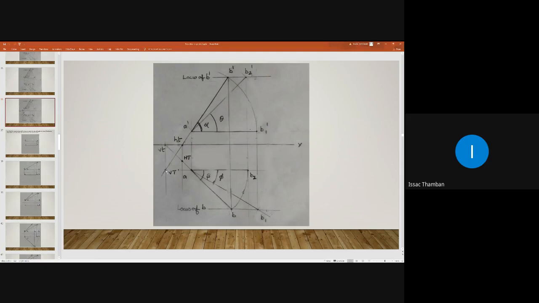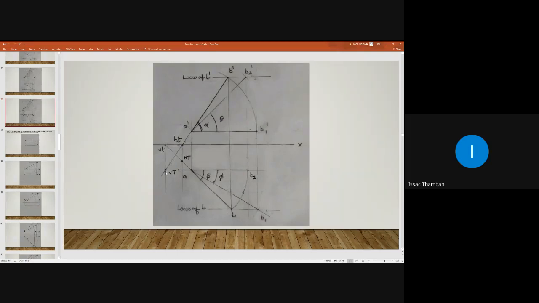If you connect VT and small h by means of a straight line, and if you extend that line, then we can say that our elevation will be on that line, because for drawing the vertical trace we are extending the elevation to intersect this vertical projector.